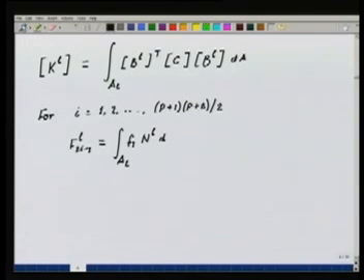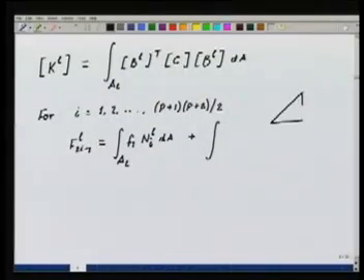Ni in the element dA plus, if the element shares an edge with the Neumann boundary, that is, let this element have an edge which sits on the Neumann boundary. Okay, so it could be, this is my node 1 of the element, node 2, node 3, this is going to be my edge 1, this is edge 2, this is edge 3.